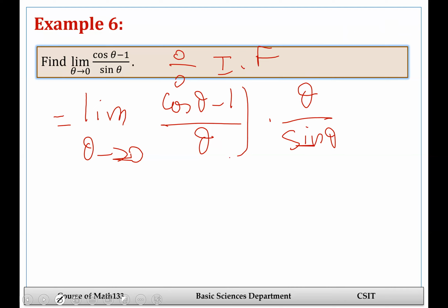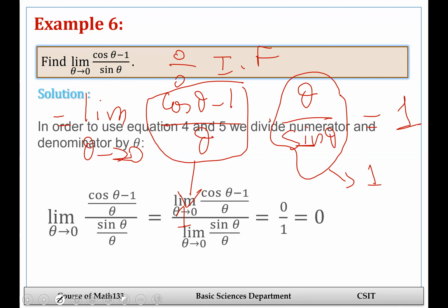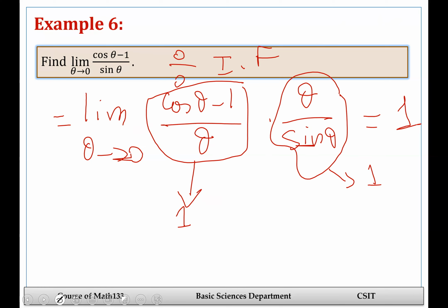I know that this quantity approaches 1 when theta approaches 0. And the first quantity is approaching 0. So 0 times 1 is equal to 0.